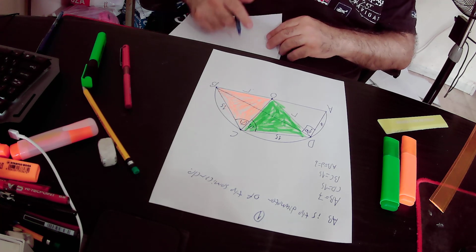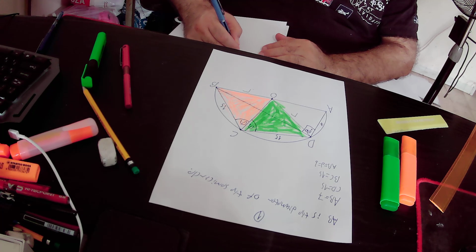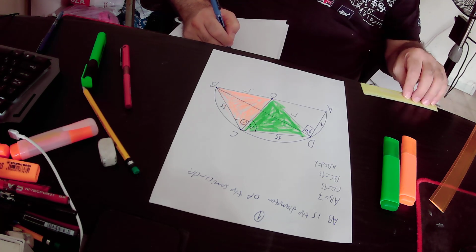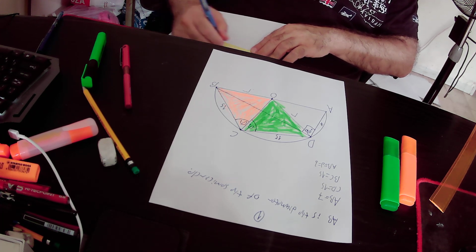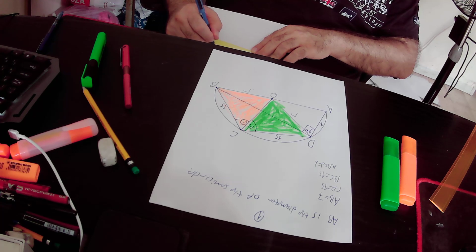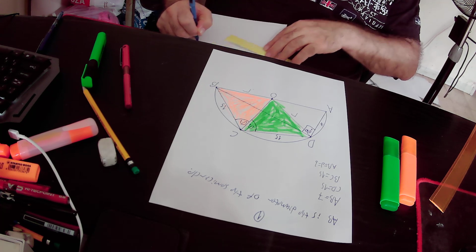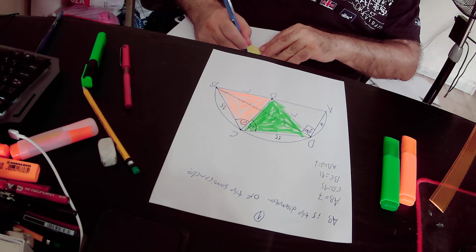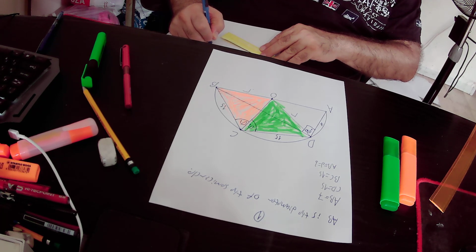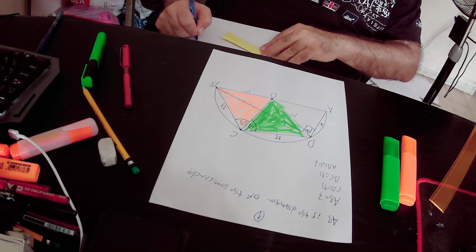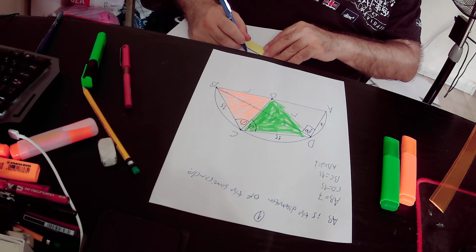Here we actually have rule number 2. Rule number 2 states that in front of equal sides in the triangle, there are equal angles.